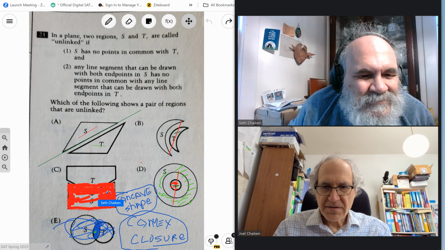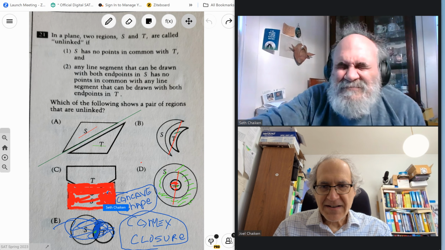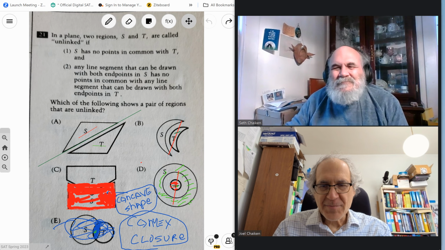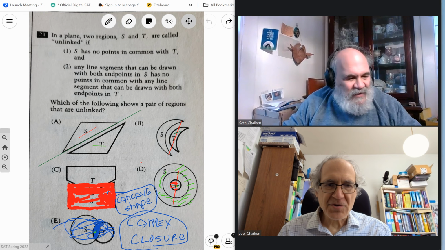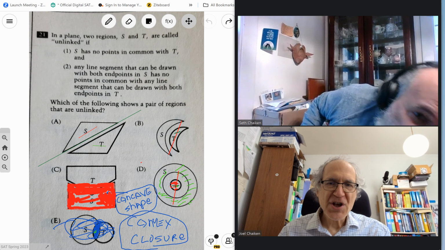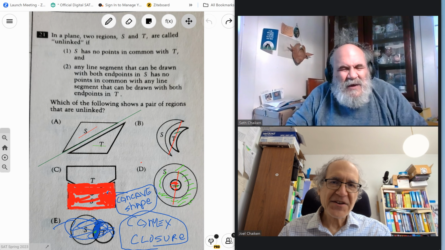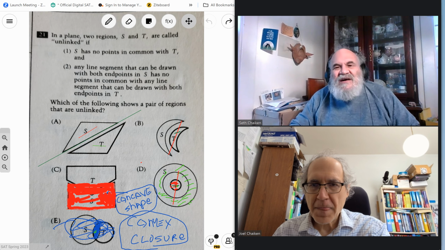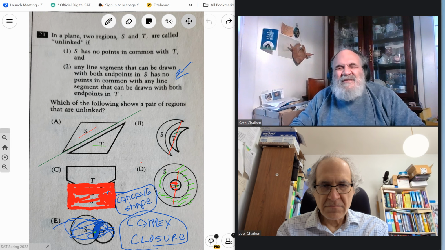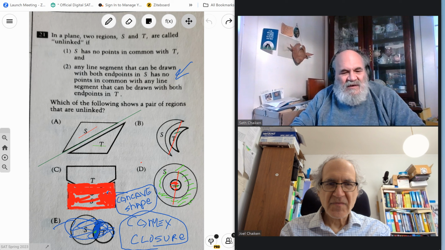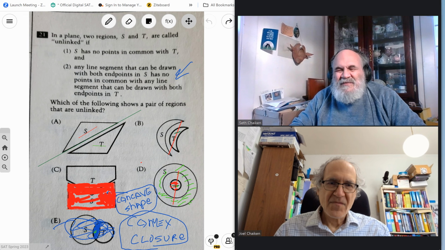Right. So you can see, back 20 years ago, they were putting questions on that you would really not be exposed to at all in school, but you had to have some intelligence. It's a matter of logic. Notice when I explained it, I did not rely upon the concept of convex closure.